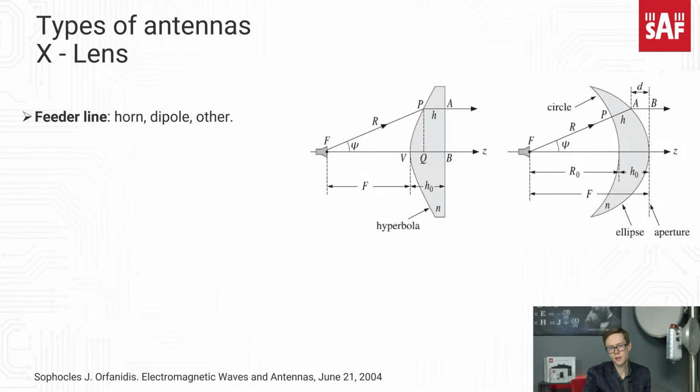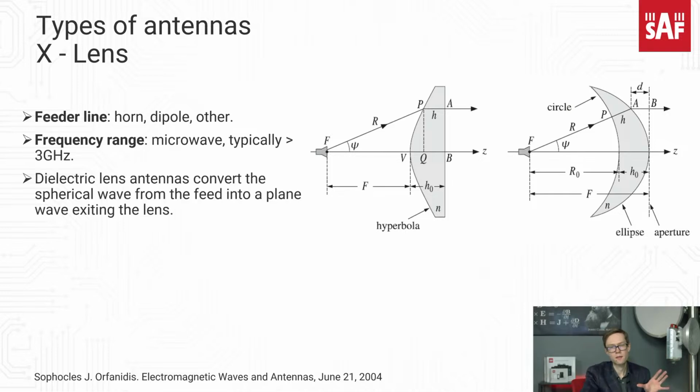But the point is to direct the signal as an optical lens would do, only with the radio signal. The feeder could be a horn, a dipole, or any other antenna, and the frequency range is typically microwave. I have never seen this in the microwave industry at all, in my experience.